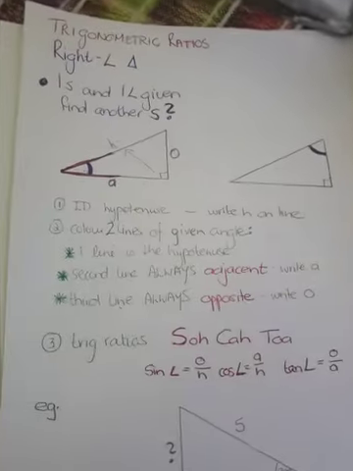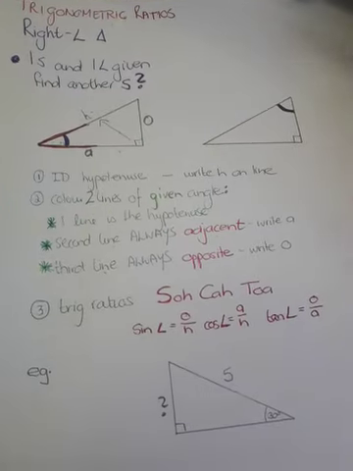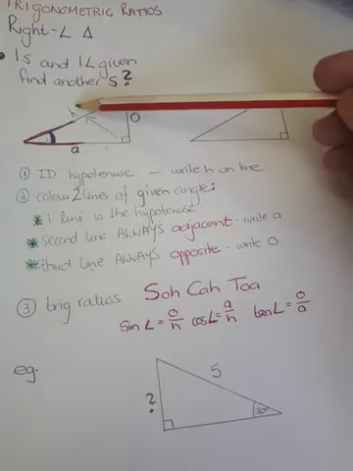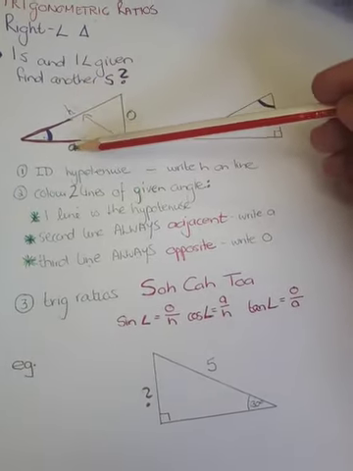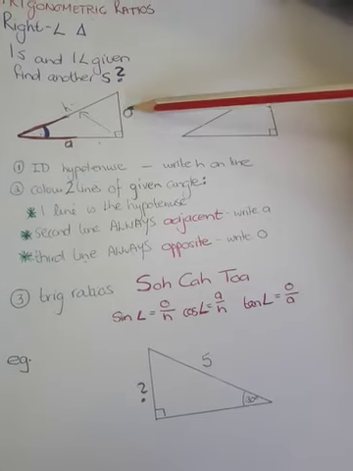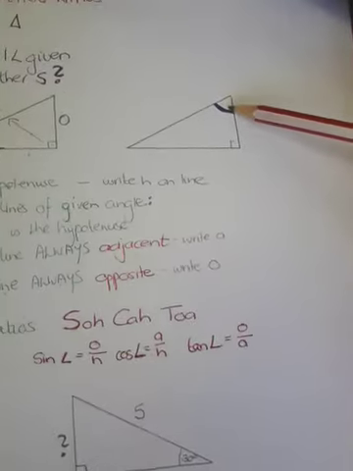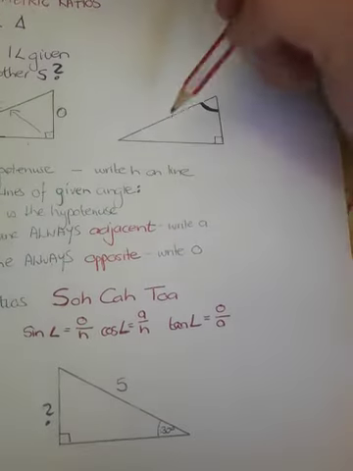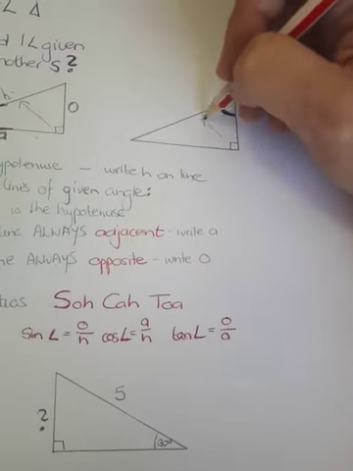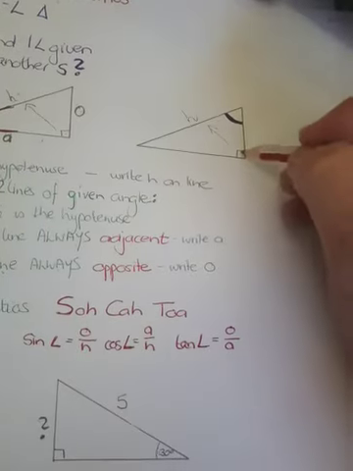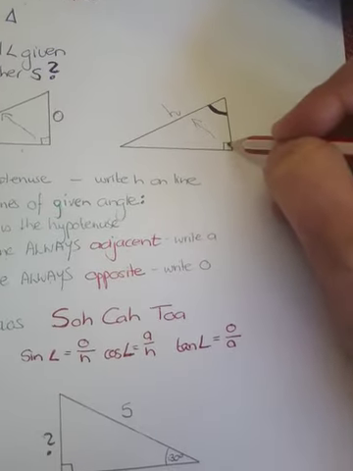So in trigonometric ratios, we identify the three sides, one being the hypotenuse, one being the adjacent, and one being the opposite. If we look at this triangle as an example, we start by identifying the hypotenuse, which is opposite the 90-degree angle.